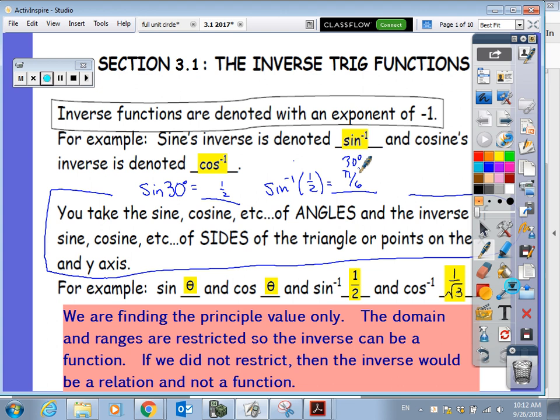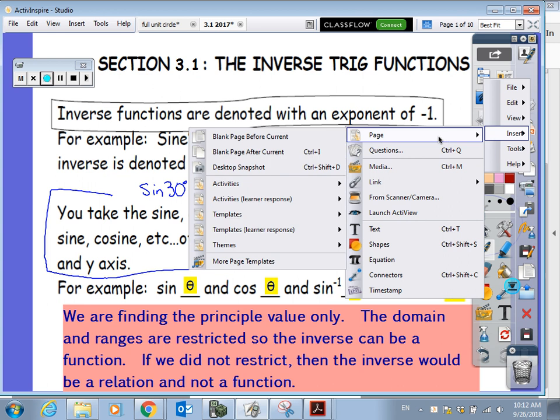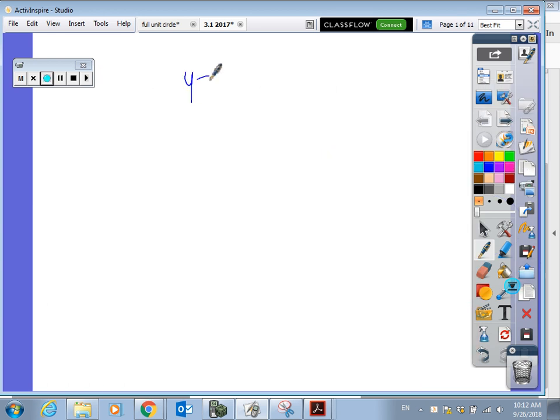So this says sine of 30 degrees. This says the inverse sine. So let's think back to the last unit. Is there a difference when we graph y equals sine x versus y equals the inverse sine? Was there a difference between those graphs? Yeah, we just took the test yesterday, right?